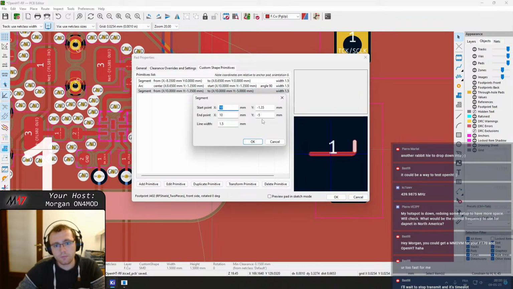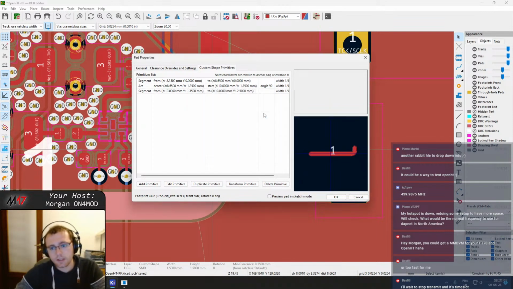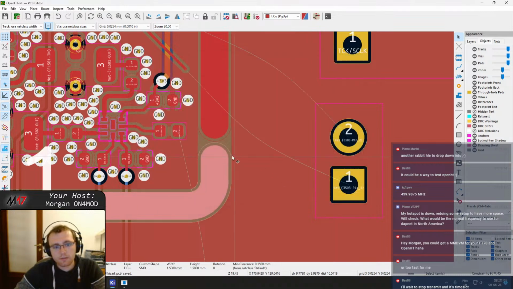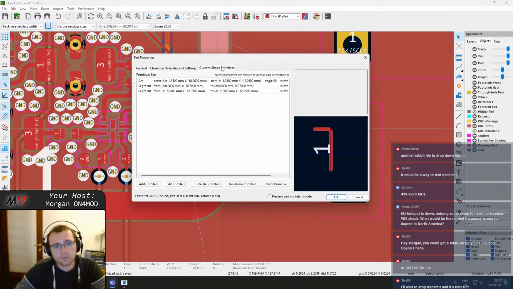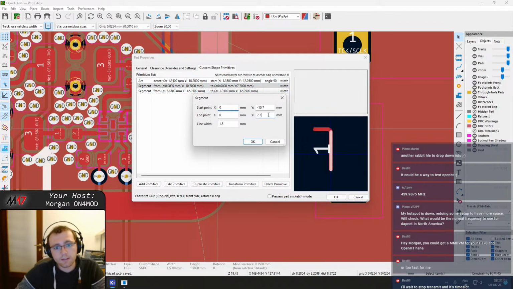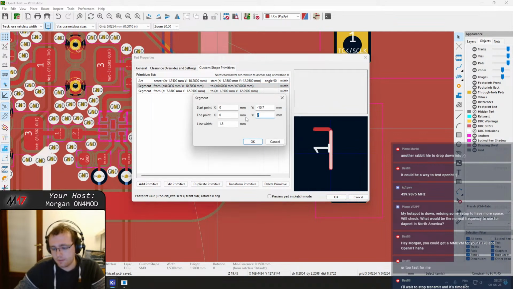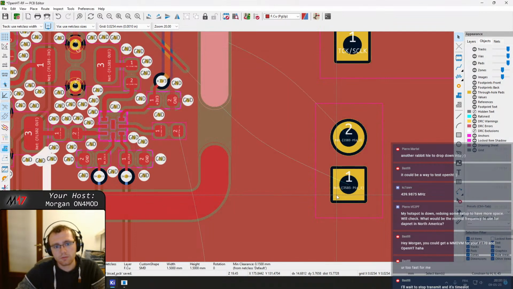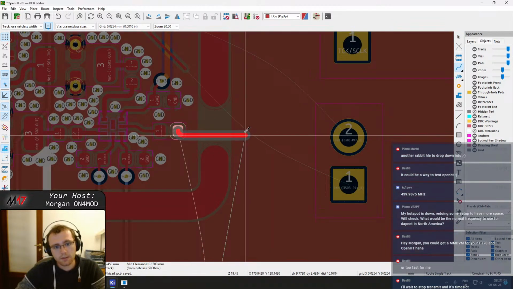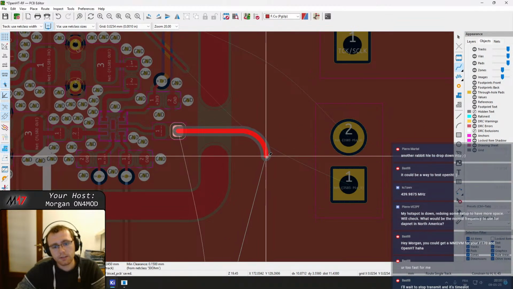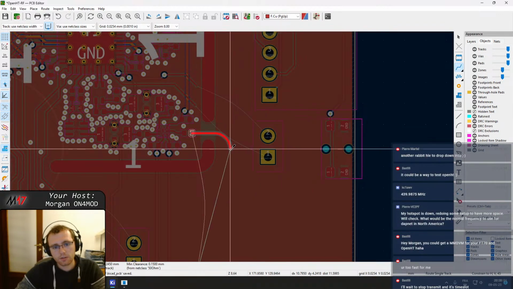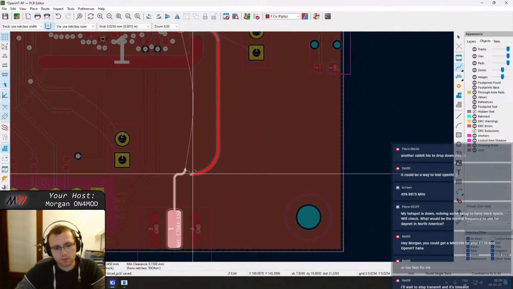Nope. Minus 2.5 is what I want to write. Okay. Then this one needs to be shortened too, so it's gonna end at let's say even 6. Okay, we are gonna route the track first and then see if we need to do any modification after. So go down here.